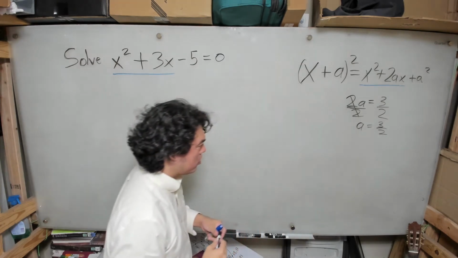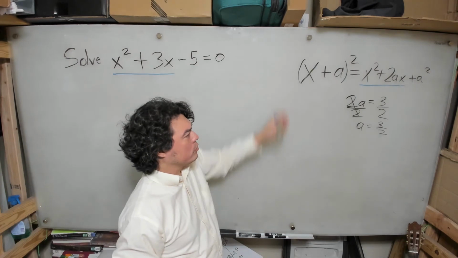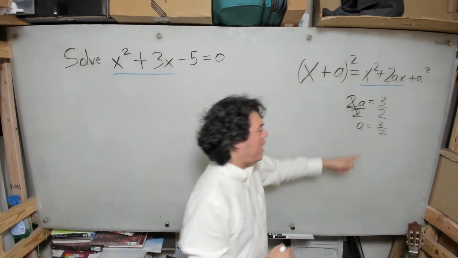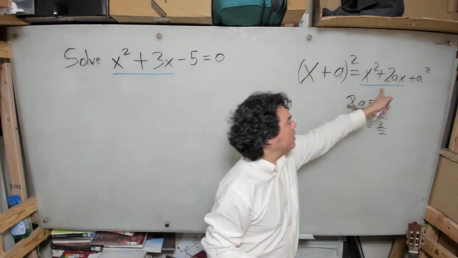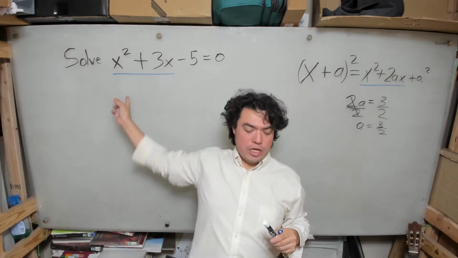Okay. So now let me show you how we're going to use this formula. I now have my a is 3/2, because it'll make the first two terms identical to the first two terms of our equation here.